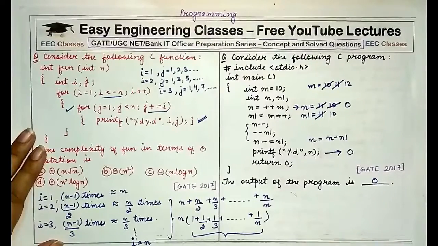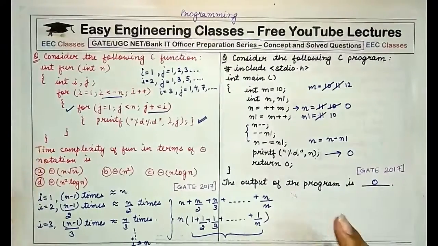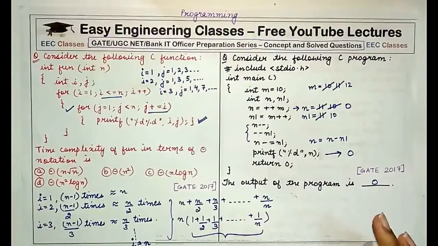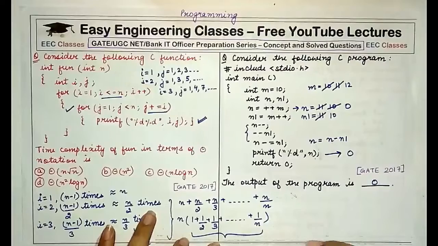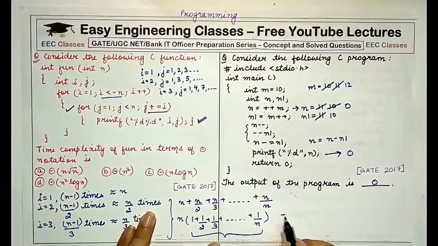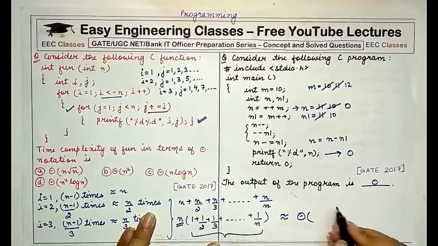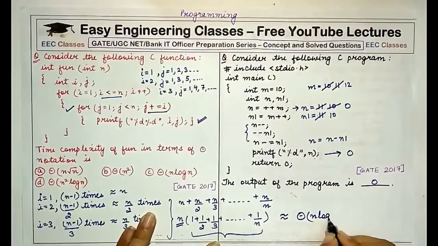You can either remember it, or if you remember the series of log n, you would know that this series is approximately equal to log n, or it provides a theta bound. So this can be written as theta of n multiplied by log n.